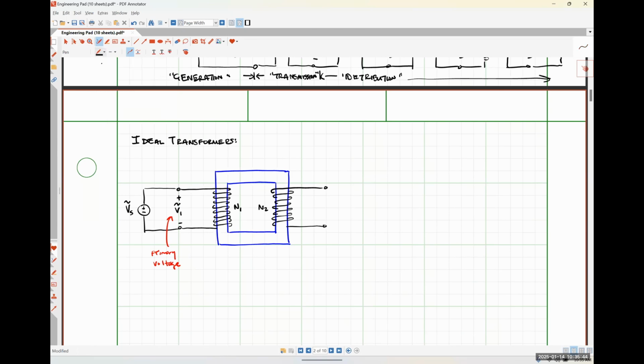And then I'm going to draw a current here that I'm going to call I1. And this is my primary current. So hopefully very obviously, everything with a 1 subscript is a primary side of the transformer quantity, okay?